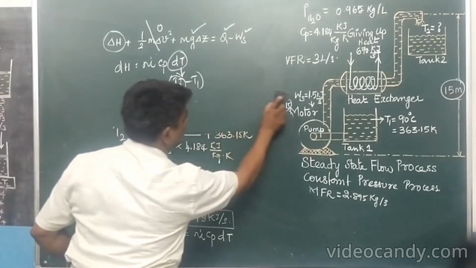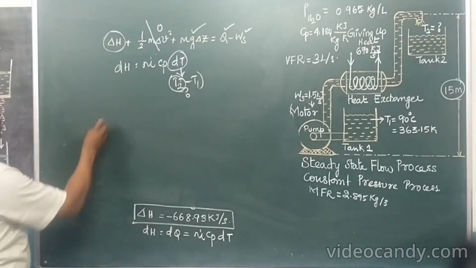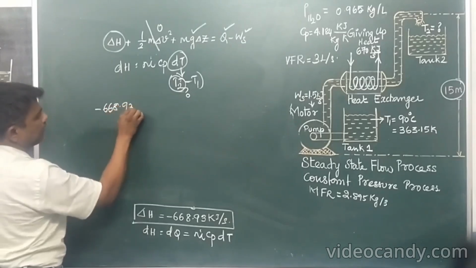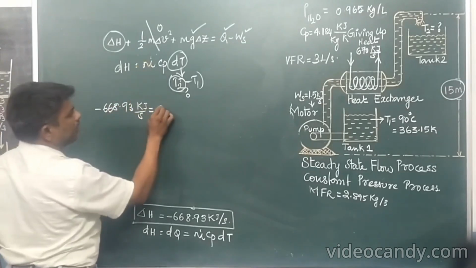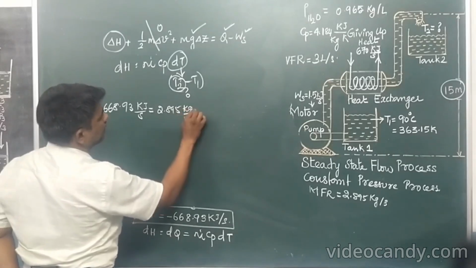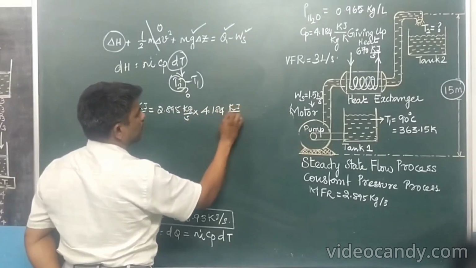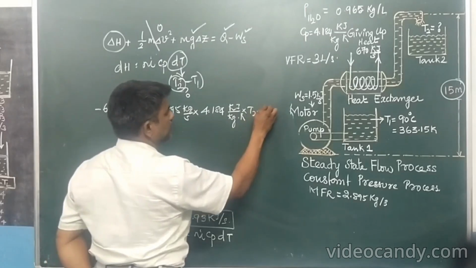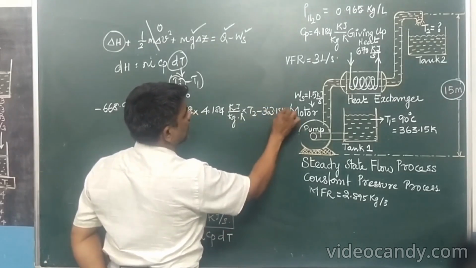Once again, I am going to write this. Minus 668.93 kilojoules per second is equal to mass flow rate 2.895 kg per second into Cp value 4.184 kilojoules per kg degree Kelvin into T2 minus T1, where T1 is 363.15 degree Kelvin.